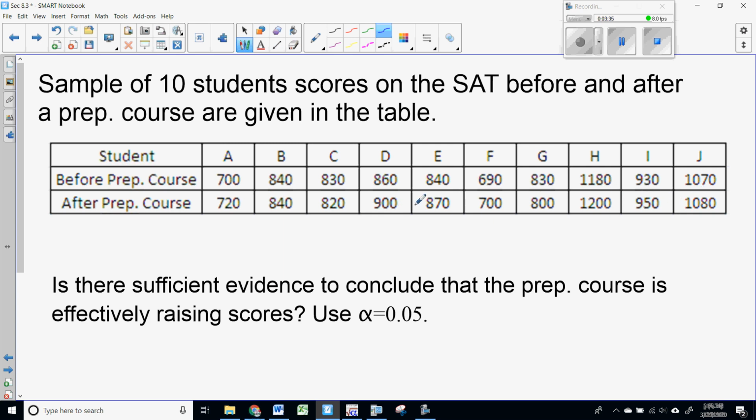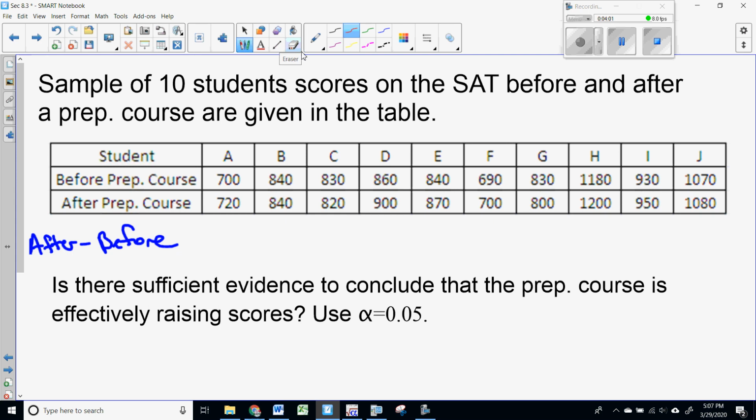And what we're testing is, is there sufficient data to conclude that the prep course is effective at raising the scores? Now, the first thing you have to decide is how you want to subtract, how you want to find the difference. And in this case, I am going to take after minus before. And I'll explain as we keep going here.